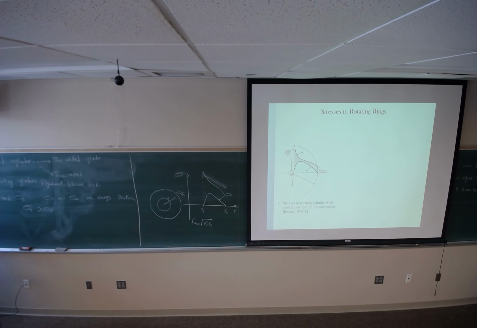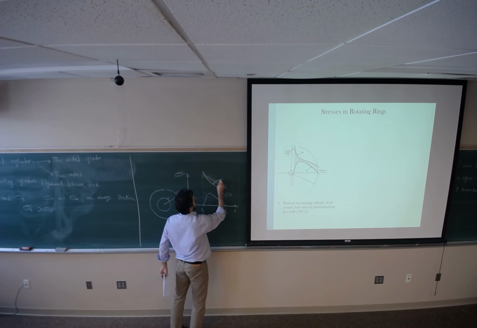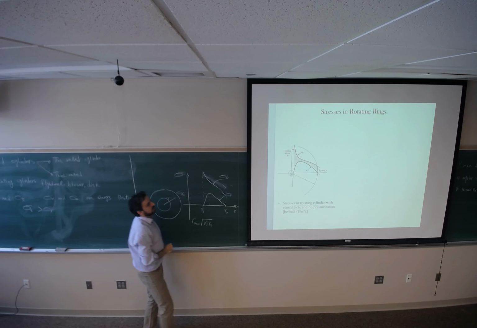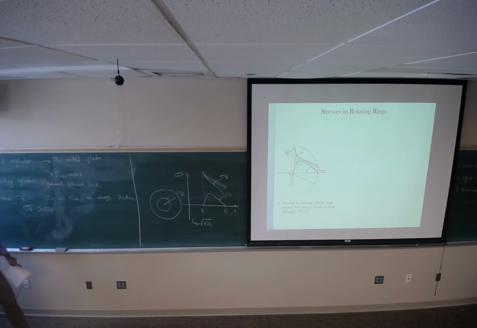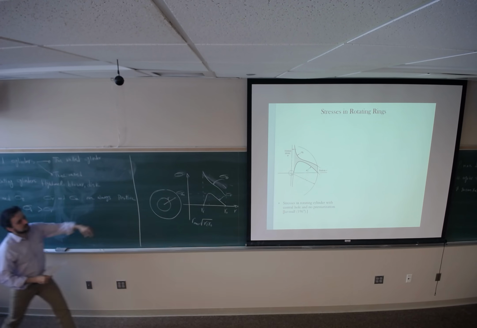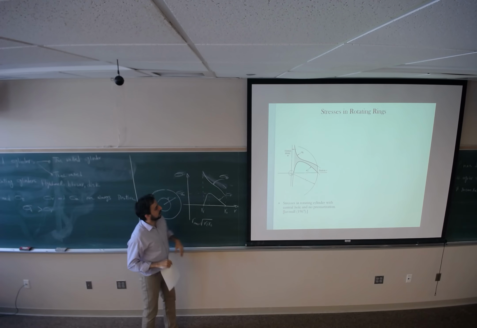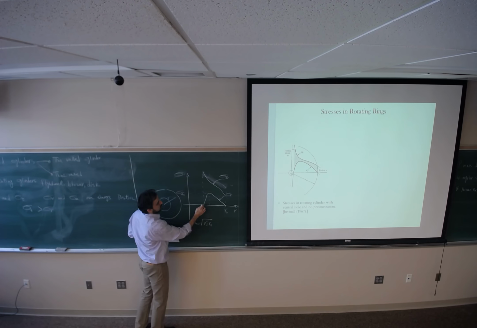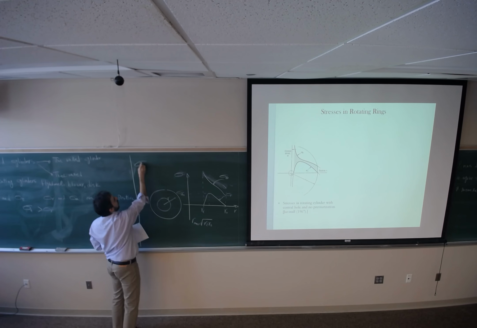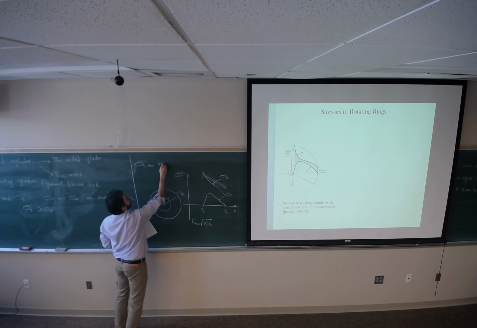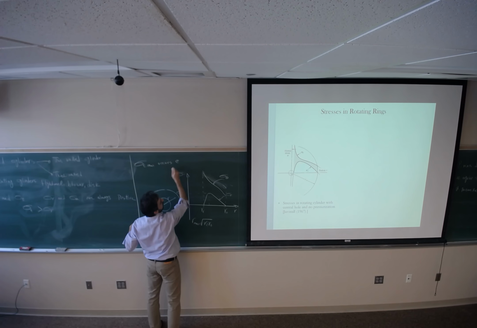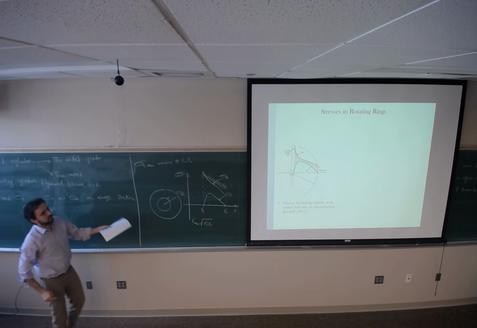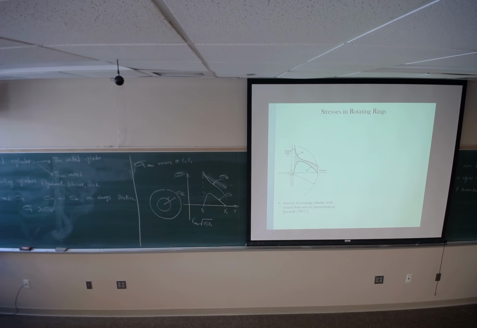So this is sigma theta, or tangential or hoop stress. As you see, it's greater than sigma r, and you can see the maximum tangential stress occurs at r equals ri. And if you want to find the value, just plug in r equals ri into this equation.